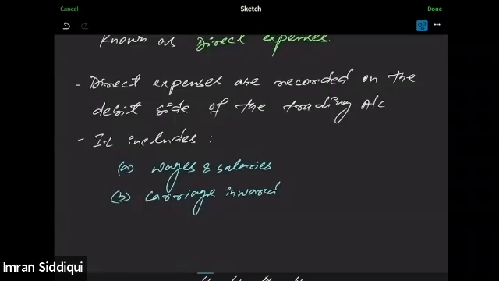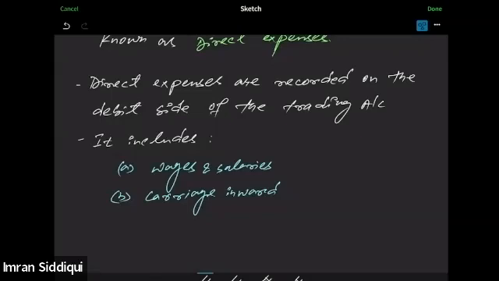But when we sell goods to a customer, and at that time we have to spend an amount on dispatching the goods from the company to the customer, that will be considered as carriage outward. Carriage outward is not considered as a direct expense. Rather, it will be treated as an indirect expense. Right now, we are just discussing carriage inward. Carriage inward means the amount spent on transport at the time of purchase of goods, which will be indicated in the trading account.